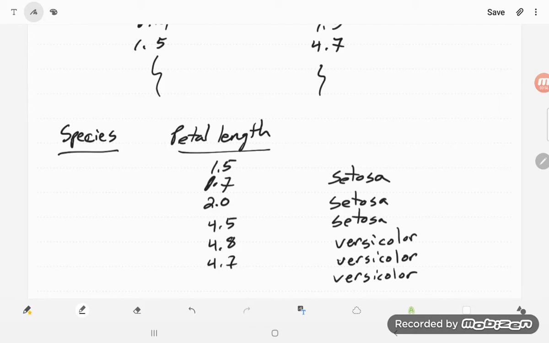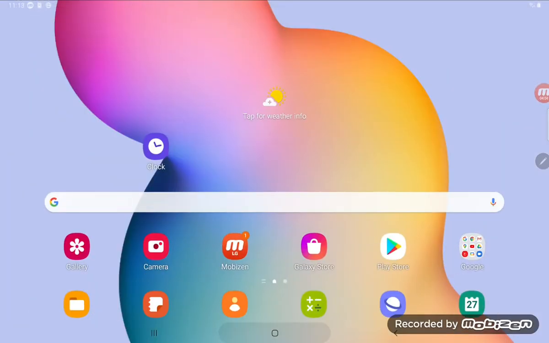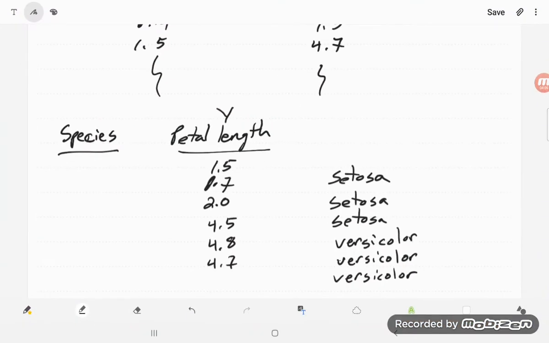Now, what we'll do for the species, so this is our y value, petal length, but our explanatory variable, our species, we want to use a dummy variable, and it doesn't really matter which one of these two I use, but I'm going to use a 0 for the setosa and a 1 for the versicolor.